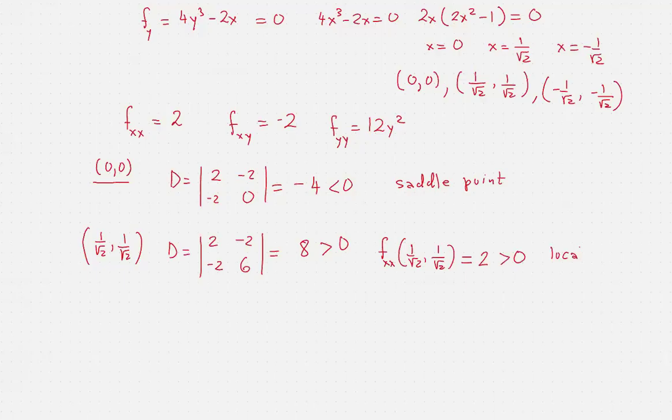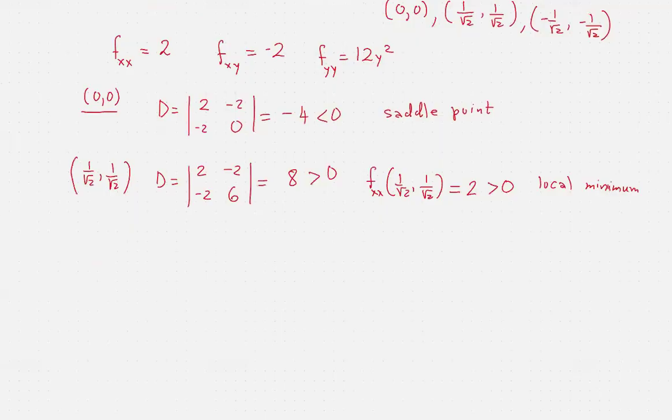You can always remember that second derivative greater than 0 means convexity or concave up, which is the shape of a smile, and that is a local minimum.